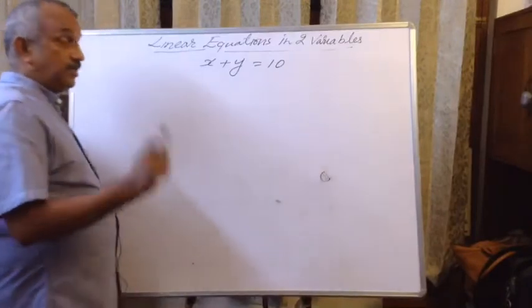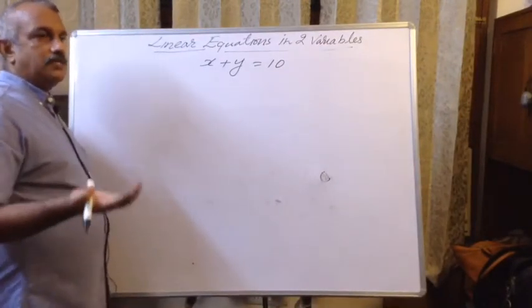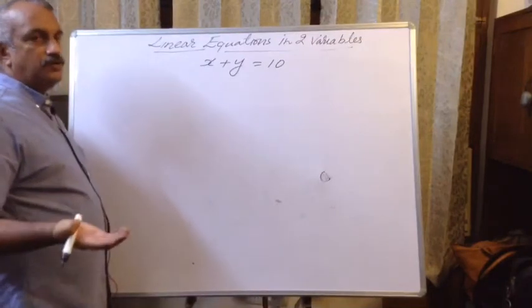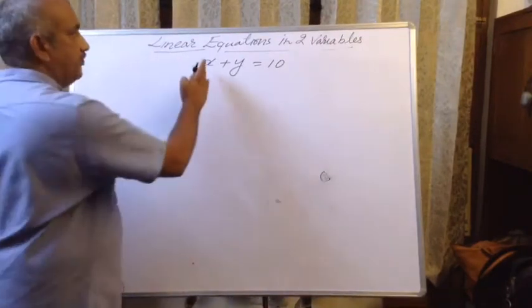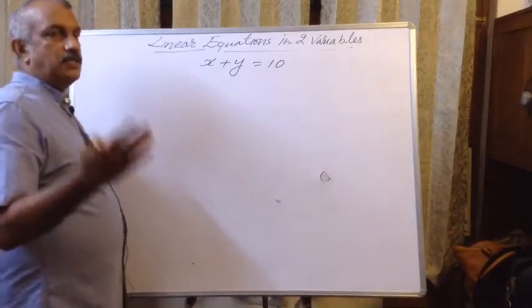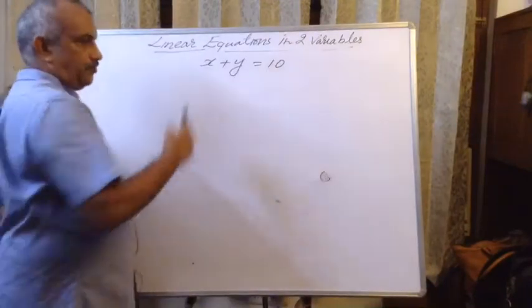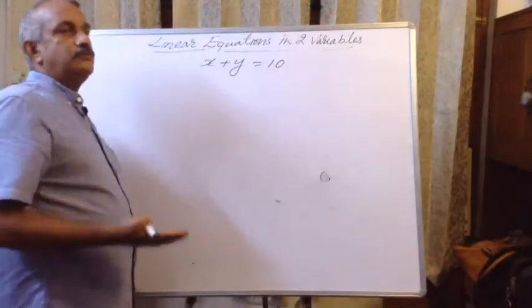Draw the graph. We can draw the graph of this equation because we can find a few values of x and y which satisfy this condition. In the last chapter we learned how to plot points on a Cartesian plane. Then plot the points and join them, and you will always get a straight line.